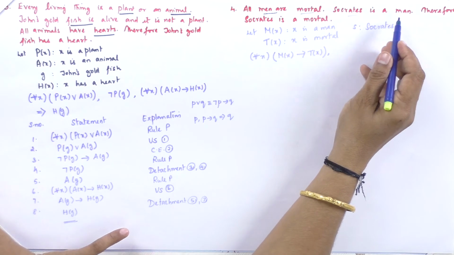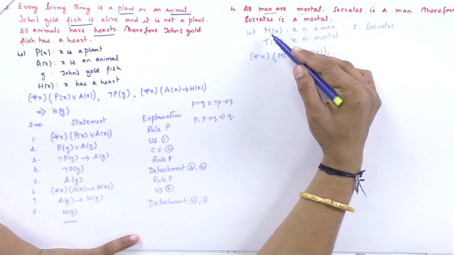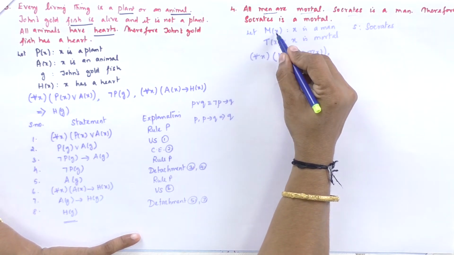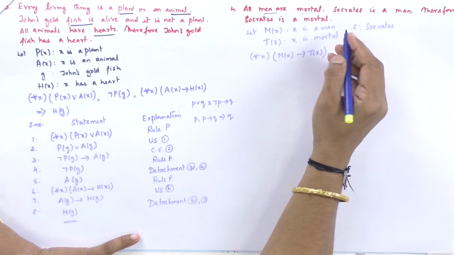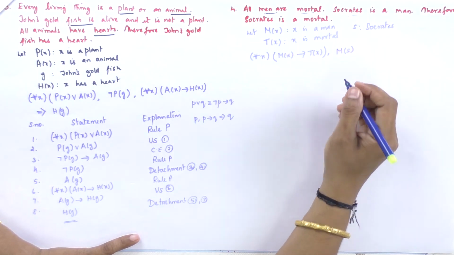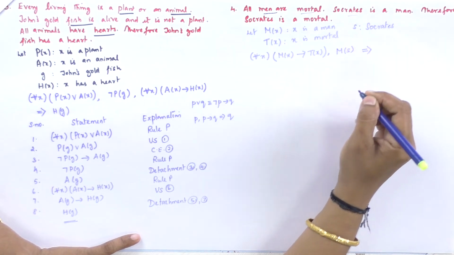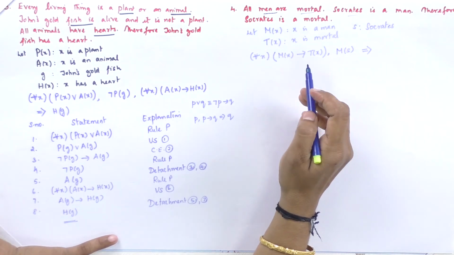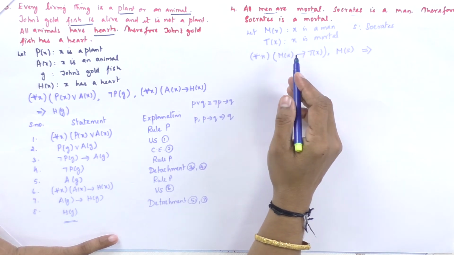Then Socrates is a man, yes. So x is a man, x is Socrates. So we will have it as M of S, right?